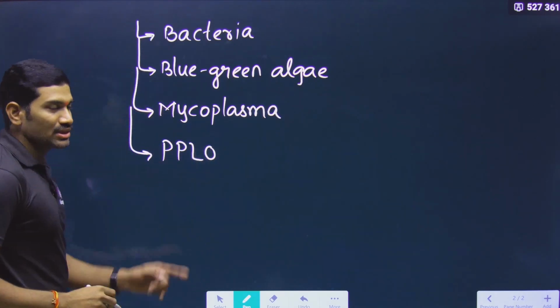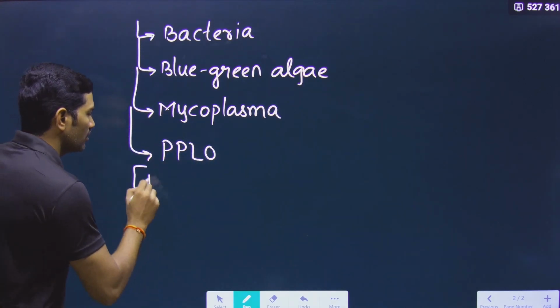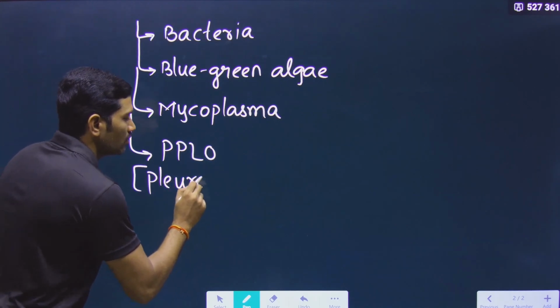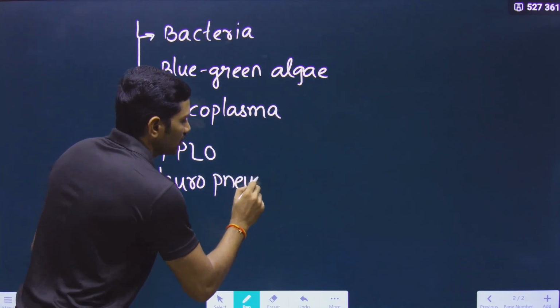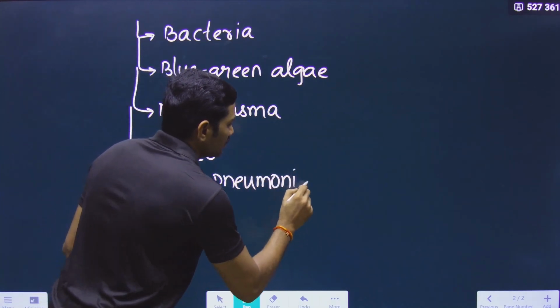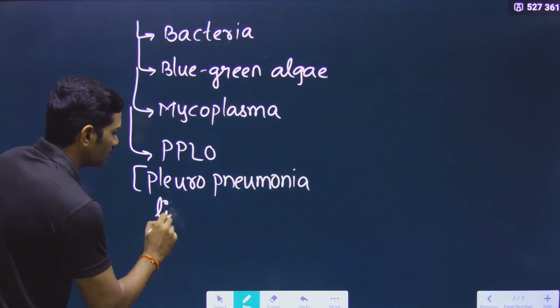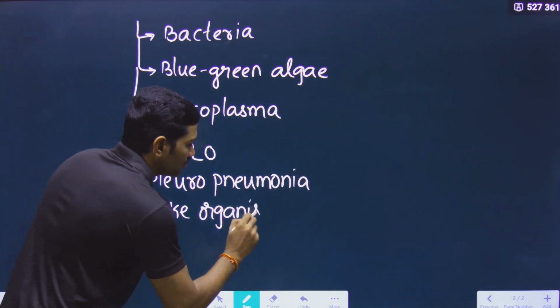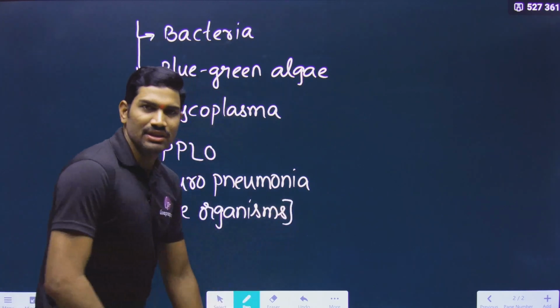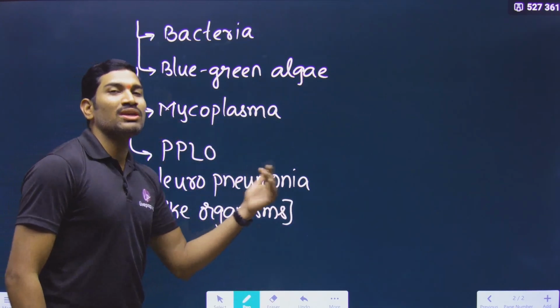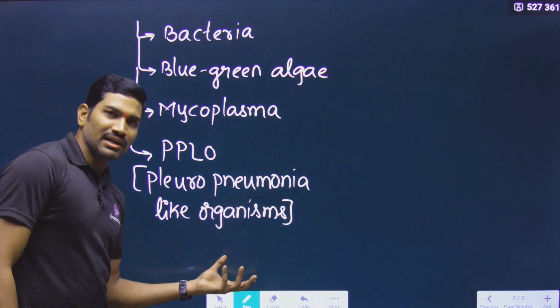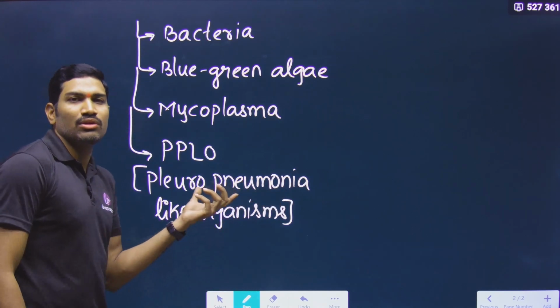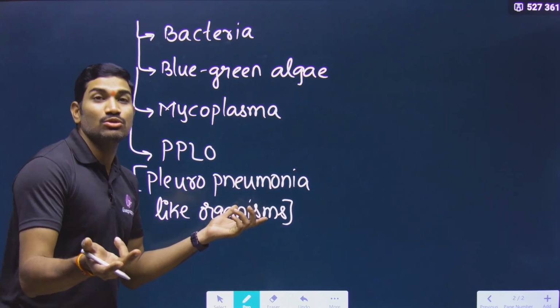PPLO. Already we have studied these names, right? What is this PPLO? It is pleuropneumonia like organisms. Why have they given the name like this? Pleuropneumonia like, because there are some organisms that are causing pneumonia, pleural pneumonia. Pneumonia is the infection of the lungs, right?